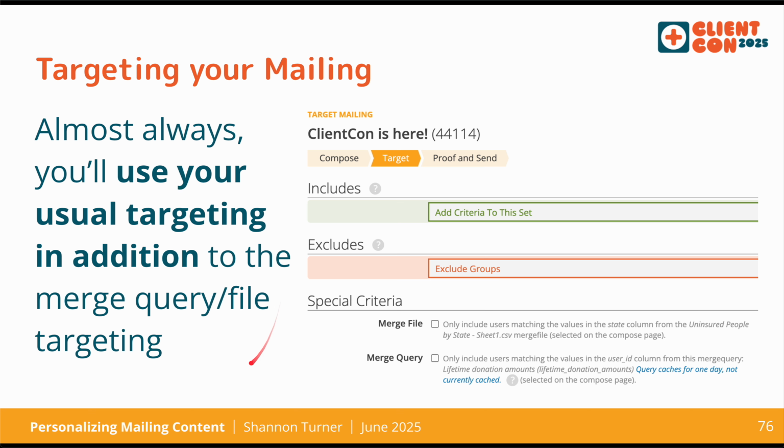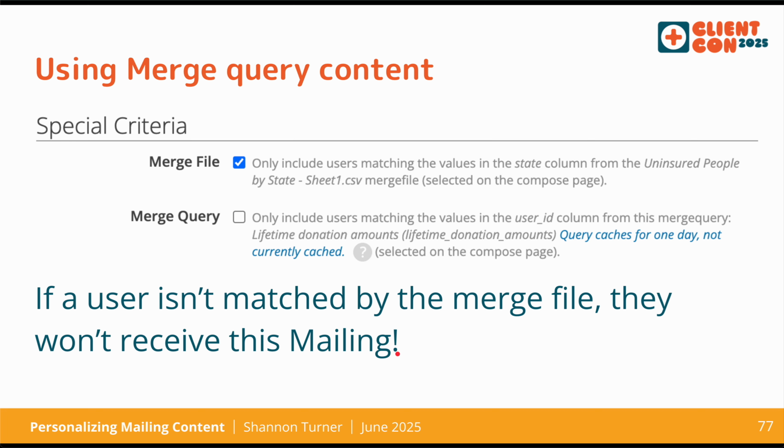In almost every case, you'll want to use your usual targeting in addition to this special criteria, merge query, merge file targeting. You'll still do your includes and excludes as usual. You'll just also do these merge query and merge file. So let's take a look at your options for targeting with this special criteria.